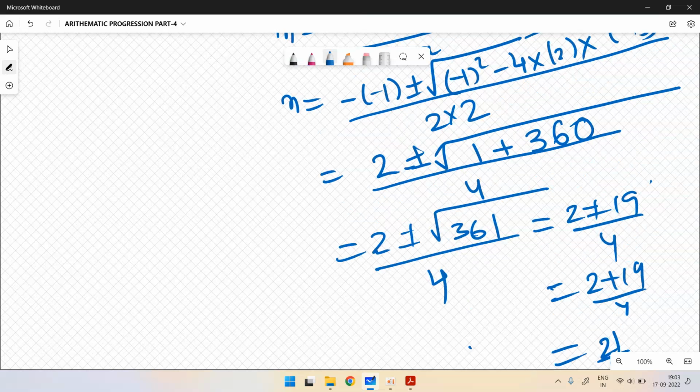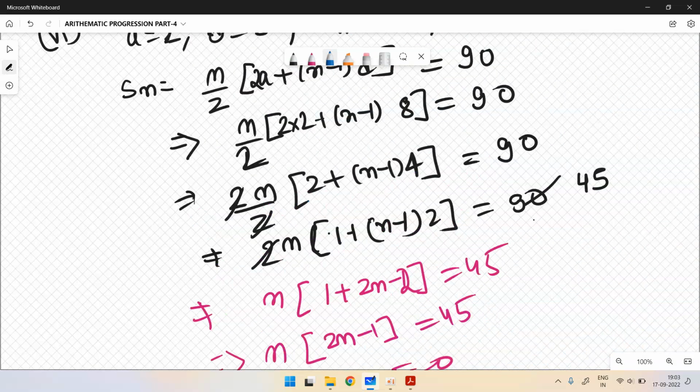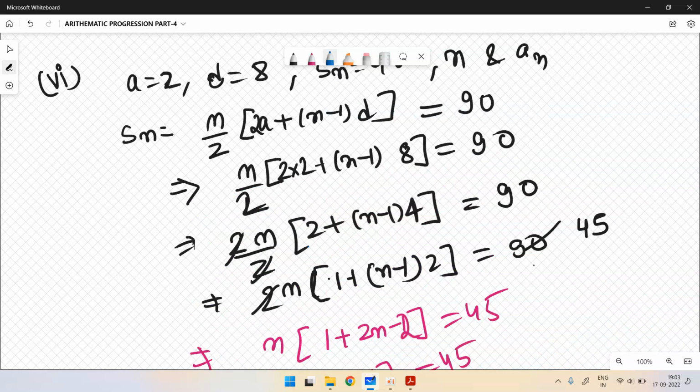I'm doing some mistake here. S of n is 2a plus n minus 1 d, and I substituted the value of 4 here, and 2 I have taken out, so this 4 is left here, and again I have taken out 2, so this 2 is left here, this 2n minus 1.